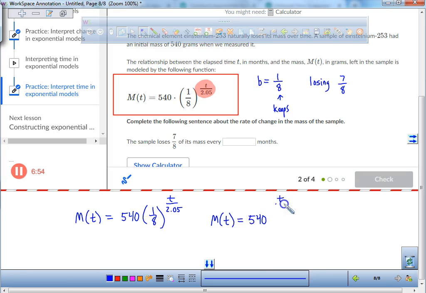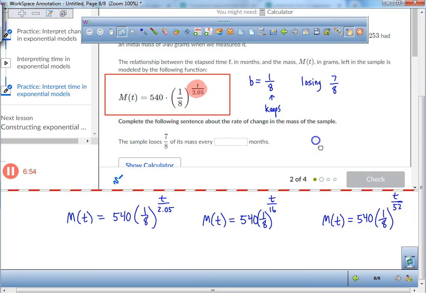What if I put t over 16? I got to put 1/8 right there. All right, we'll do one more. Hopefully by the third one it'll make sense. 1/8 to the power of t over, let's just do 52. Why not? Let's do 52.